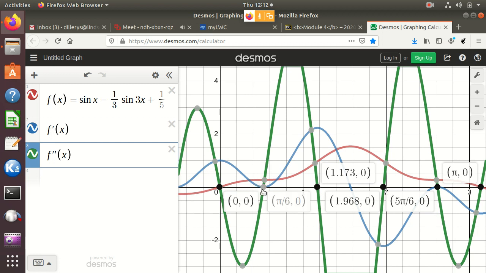Yeah, at this point, we have that the derivative is 0, whoops, and the concavity does change. And so when you look at that, if you're doing a second derivative test, it actually didn't tell you anything. Okay, because it says the derivative is 0, but so is the second derivative.